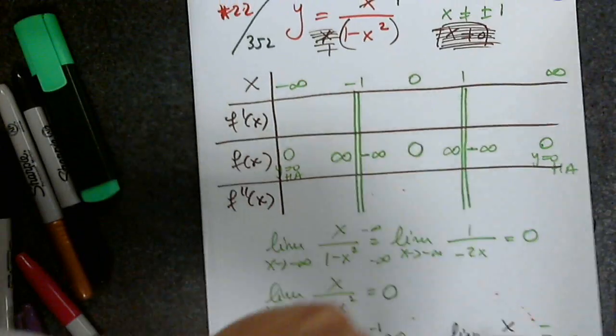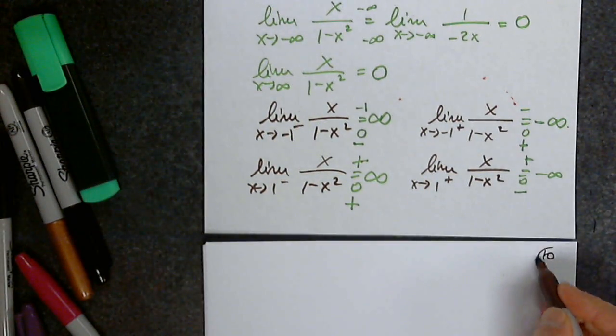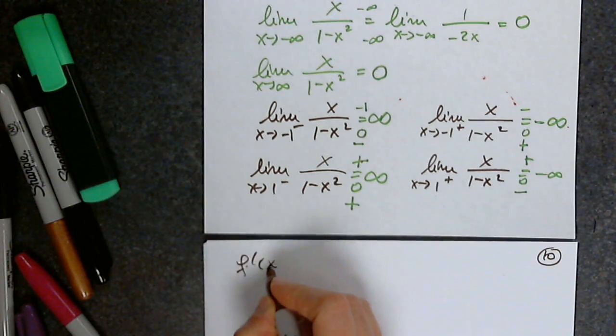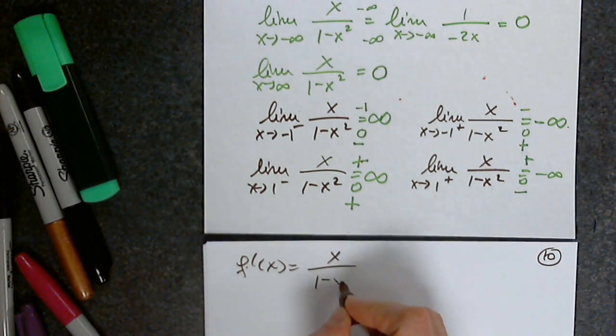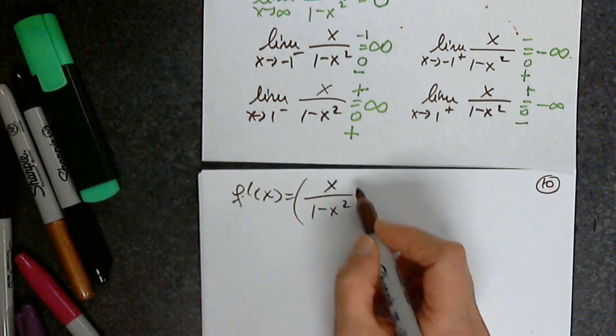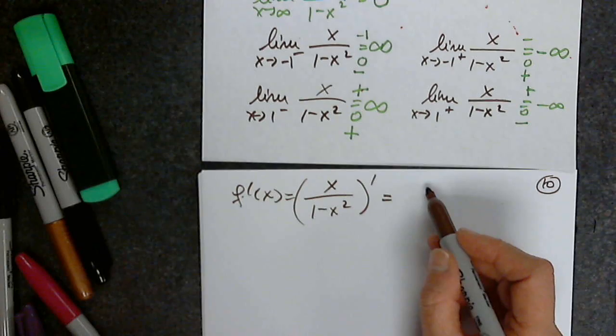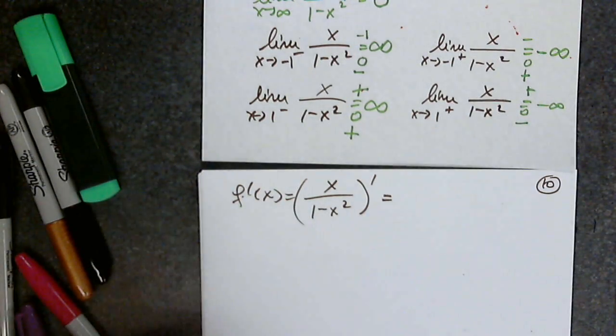Now I have to study the sign of, or study the first derivative, critical numbers, and so on and so forth. So I'm copying the function one more time here. What did you get for f prime? Can anyone give us f prime? The final form. Do we have the first derivative?